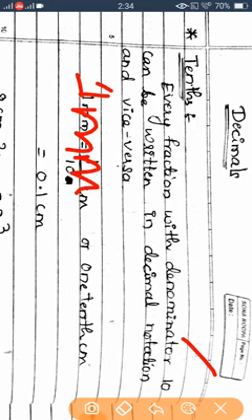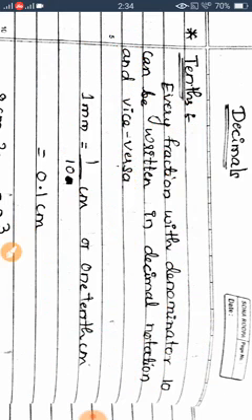See, we know that 10 millimeter is equal to 1 centimeter.